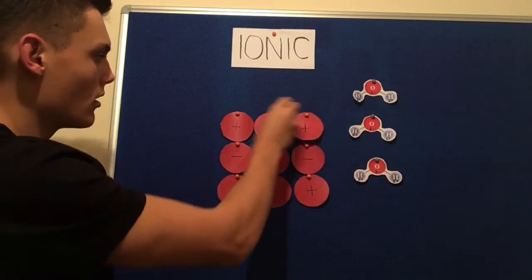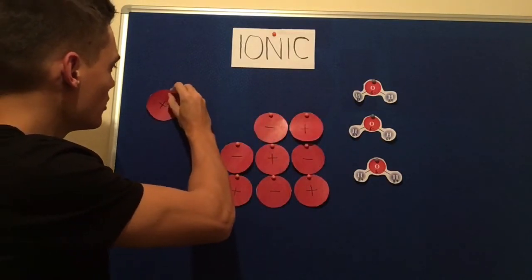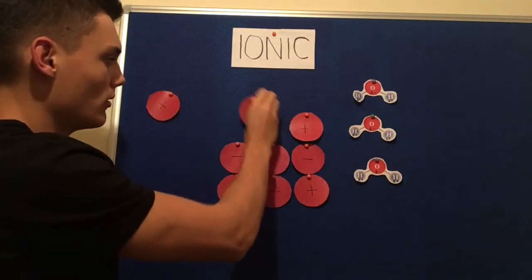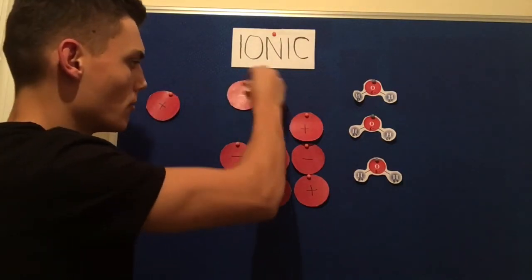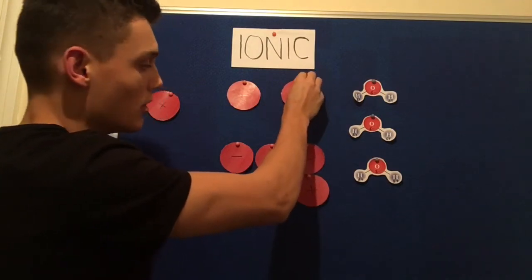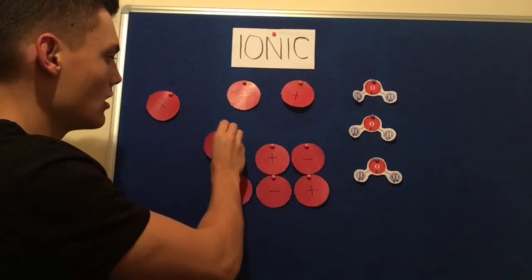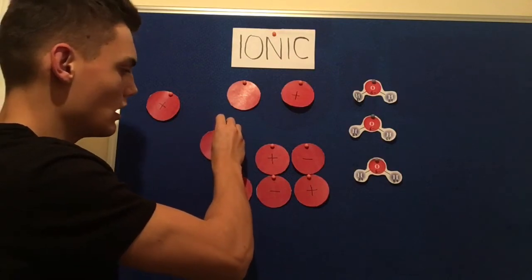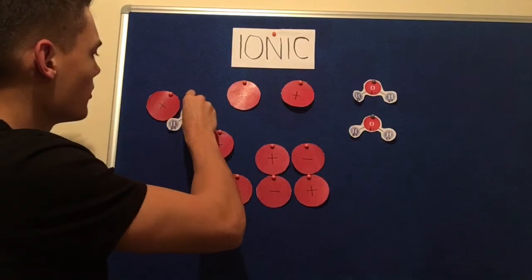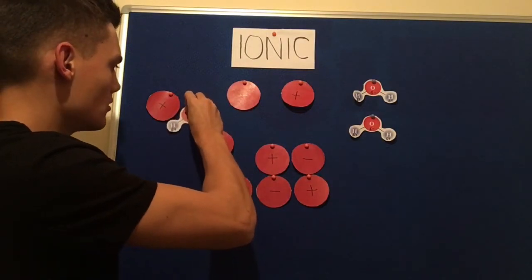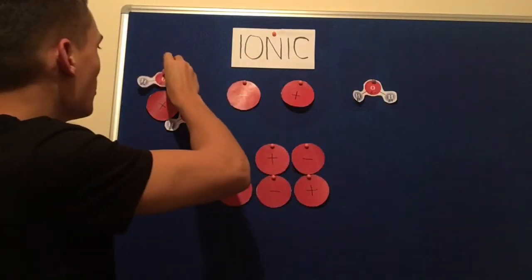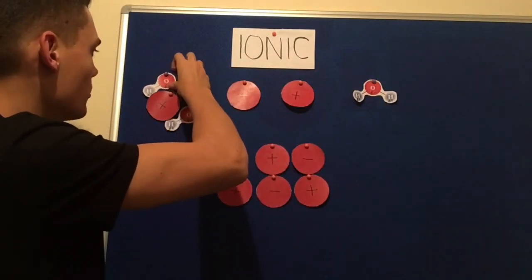So when an ionic compound goes into water, because the giant ionic lattice, or most of them, will be polar, the molecules are able to surround these ions, and this means that the ions are able to dissolve in water.